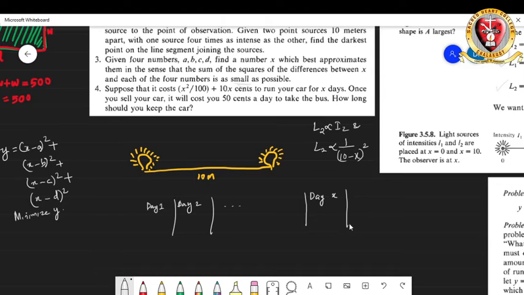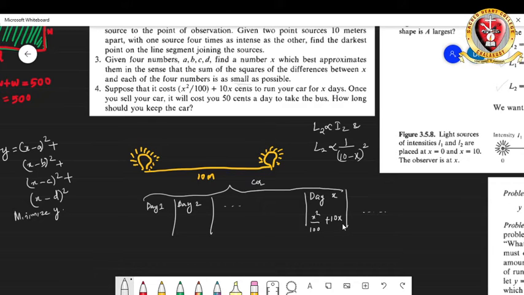You know that it costs x square by 100 plus 10x cents to run your car for this number of days. If you are using the car for this many days, the total cost will be x square by 100 plus 10x.